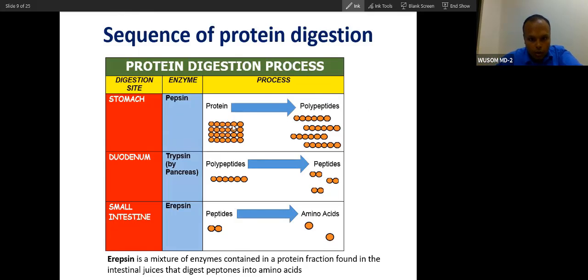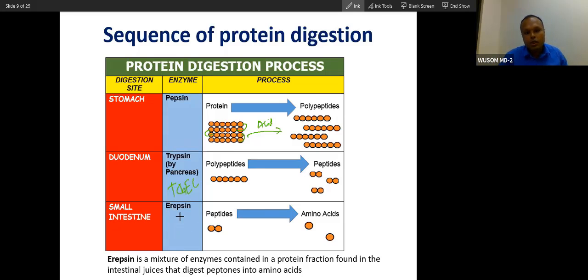The whole protein is folded, it will unfold because of acid, and then be digested into polypeptides. And polypeptides will be acted upon by trypsin and other enzymes, and then it will digest into dipeptides, tetrapeptides, this type of peptide.